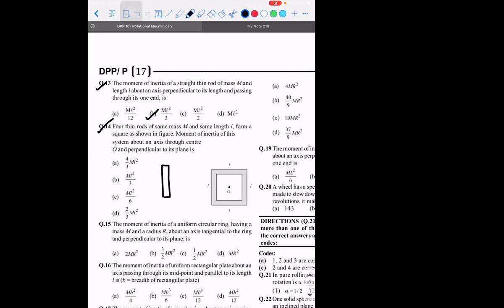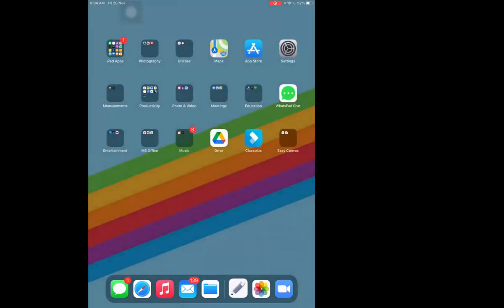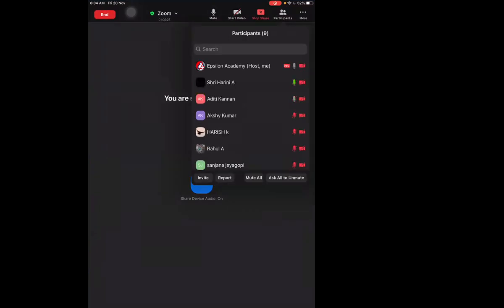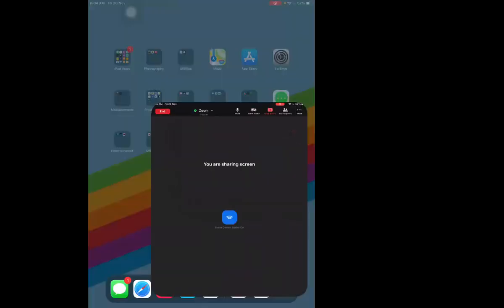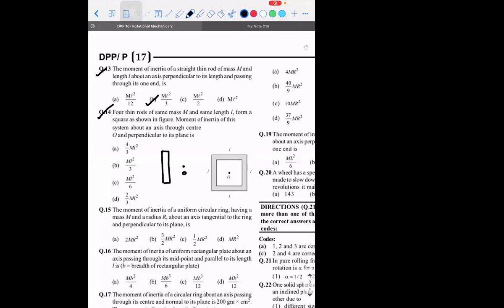If I take only one rod, what is the moment of inertia of this one rod about point O? Are you all there? Yes, sir. Yeah, tell me. So ml square by 3. Moment of inertia of this rod about the point... No, it is not. Oh, sorry. Yeah, yeah. So how will it be?